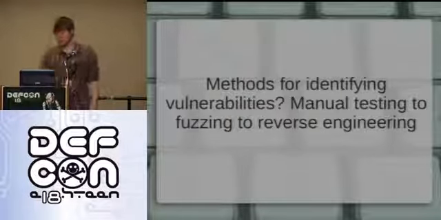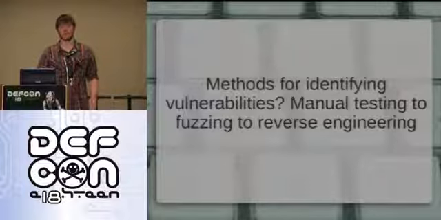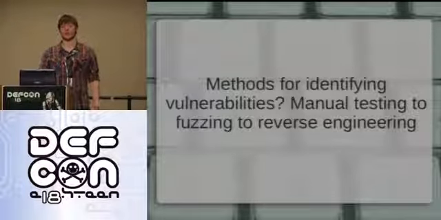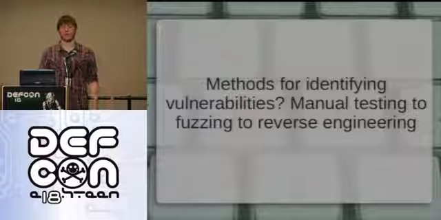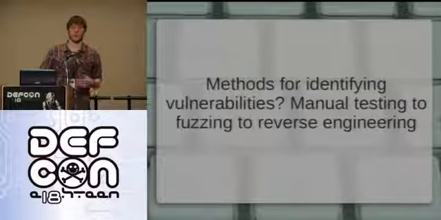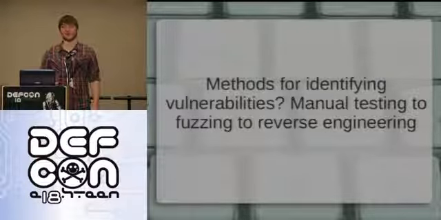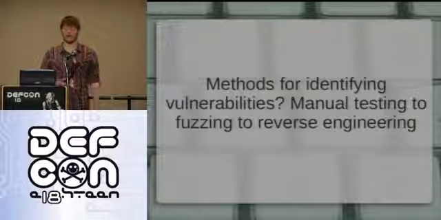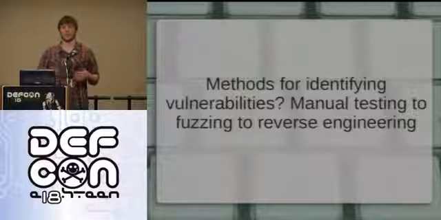Okay, so those were the methods. I didn't use that much reverse engineering just because it wasn't necessary. I like to reverse engineer just to do research sometimes, but most of the vulnerabilities came from manual testing, like manually changing variables in the web parameters, or changing file formats, or just connecting to the server and sending a long string.